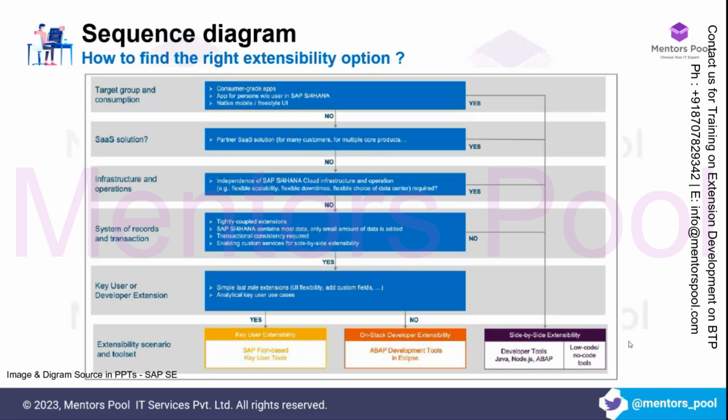In case of the infrastructure and operations, if we are looking to extend an application which is independent of S4HANA Cloud infrastructure and operations, this application is flexible in terms of scalability, and downtime is not a very critical application. In that case also, yes, side-by-side extensibility is the way to go, because in all those scenarios, you'll not be disturbing the standard functionality.